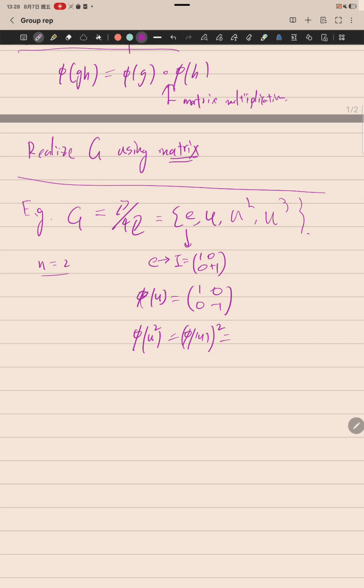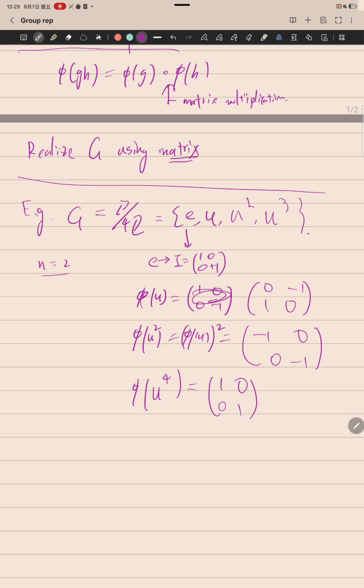Sorry, this is not that; it is 0 1 minus 1 0. If you square it, you get minus 1 0 0 minus 1, and if you compute the fourth power, you get 1 0 0 1. This is a simple computation. And phi of U cubed is 0 minus 1 1 0.